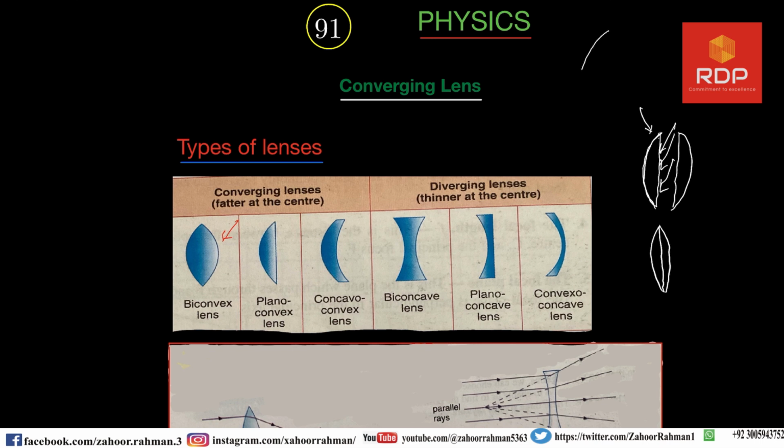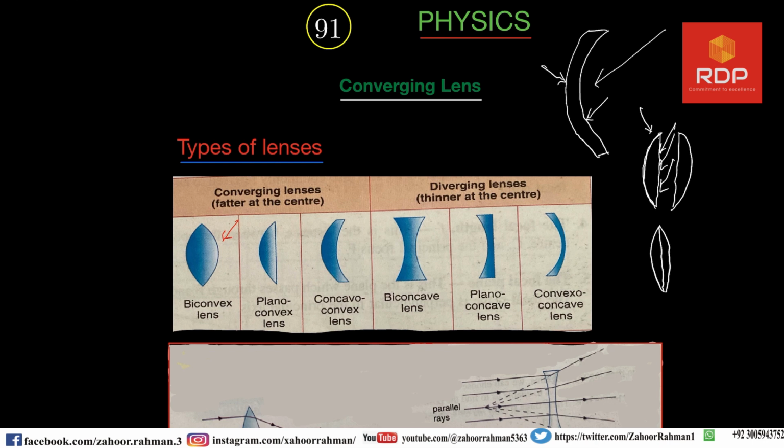One side is concave, which is a cave-like shape, and the other is convex. That is why it is called a concavo-convex lens.